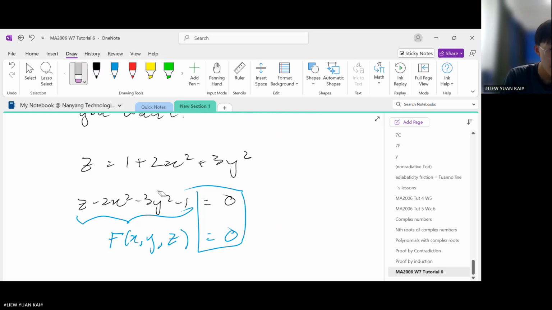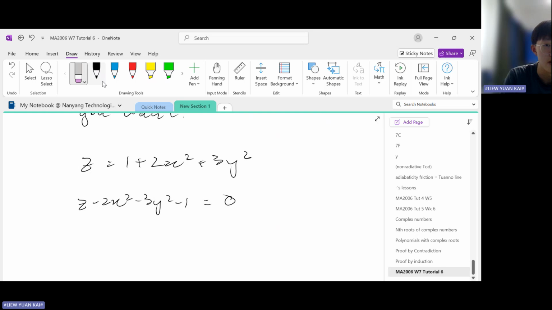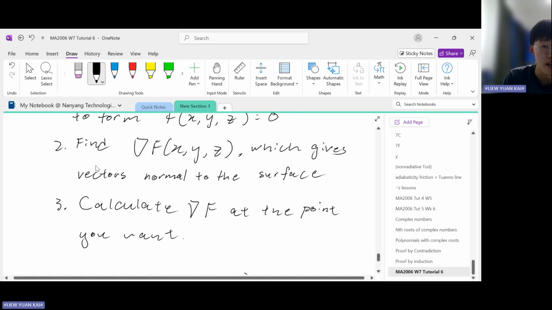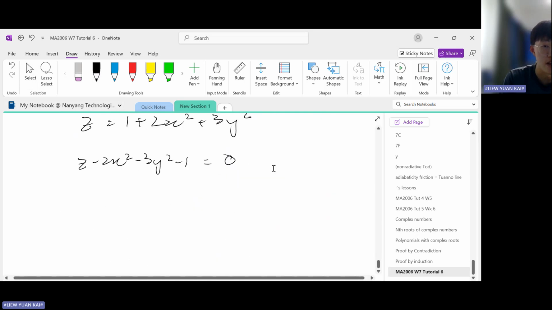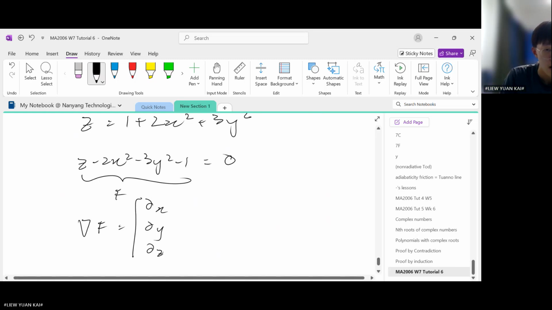Okay, so from this, the next step is to obtain nabla f. Remember, step 2 says find nabla f. So let's go ahead and do that. Nabla f, the reminder that this is our f, means we replace nabla with its definition: partial x, partial y, partial z. F is basically this, so I'm just going to put f here.